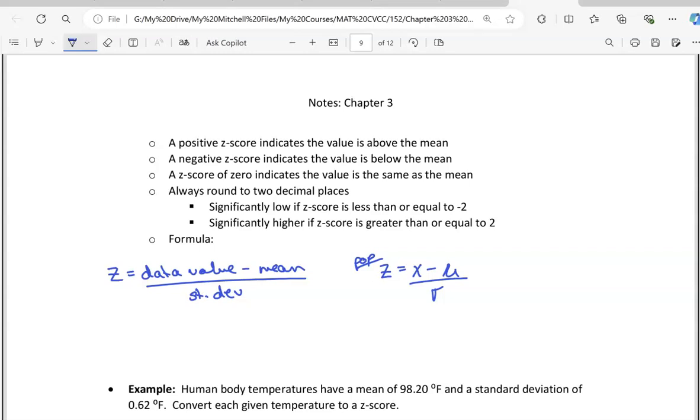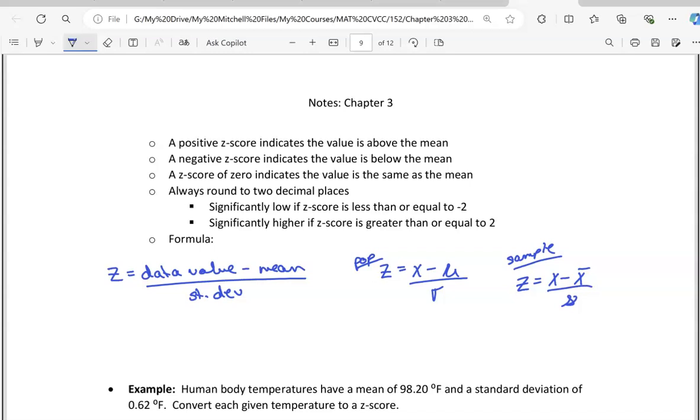Notice I'm using a population notation for the mean and the standard deviation. If we're looking at a sample, it would be x minus the mean of x bar divided by the standard deviation, which is s.